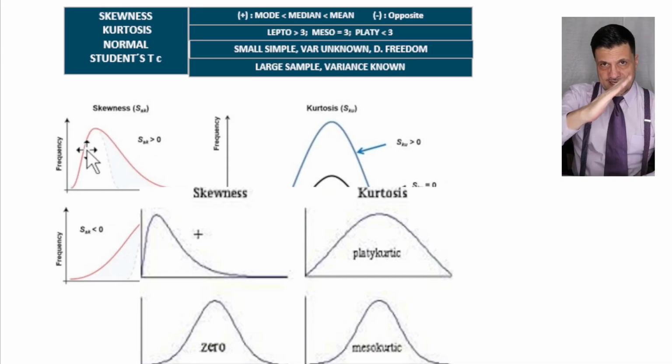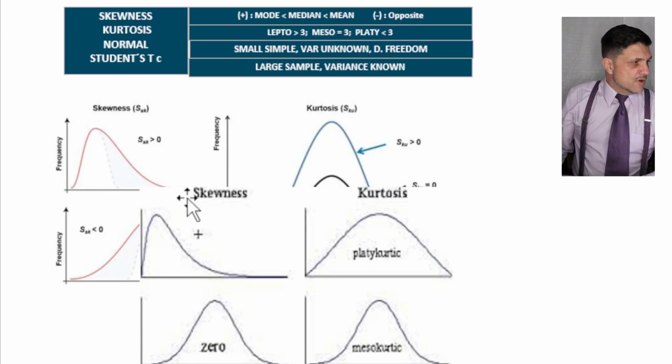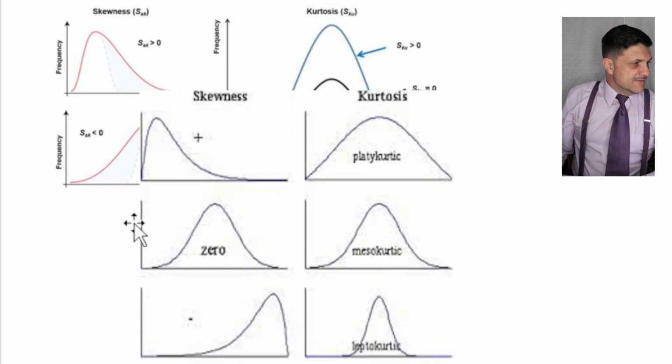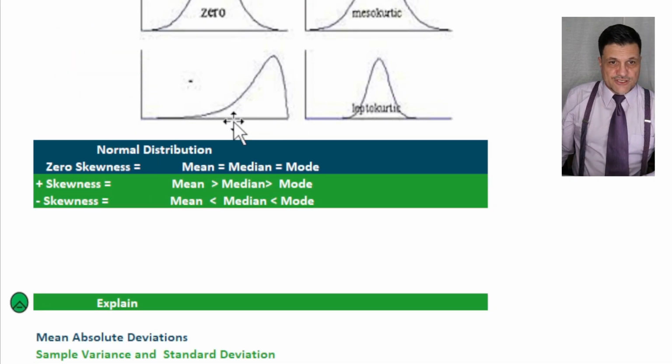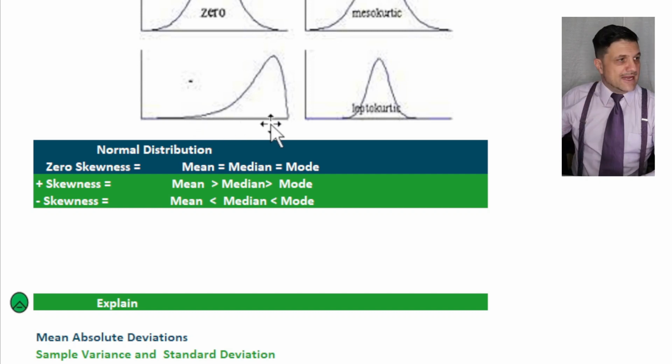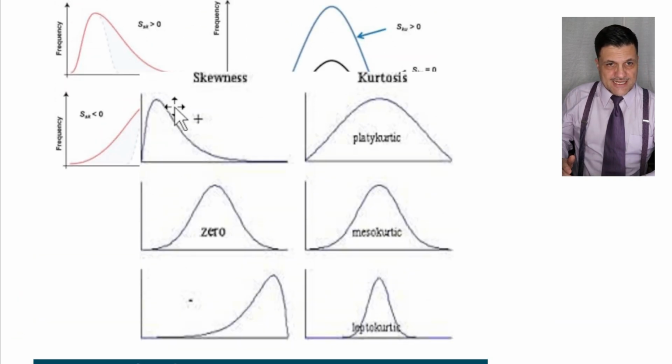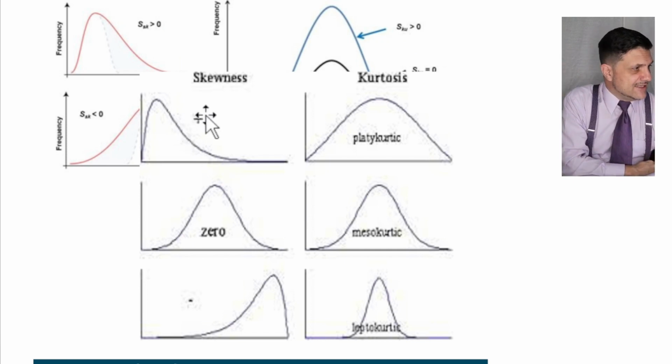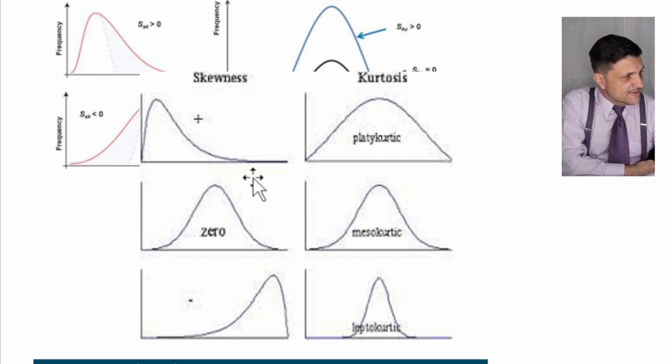The tail pulls more to one side than the other. Okay, see? Here you have a negative skew right there. Looks like a ghost walking to the right, right? This one here, that's negative skew. Look at the tail here. It goes to the negative numbers. That's negative skewness. Now, when you see the ghost going to the left side, you see the tail is towards the positive numbers. So this is called positive skewness.